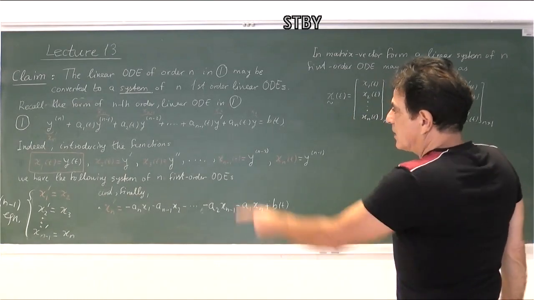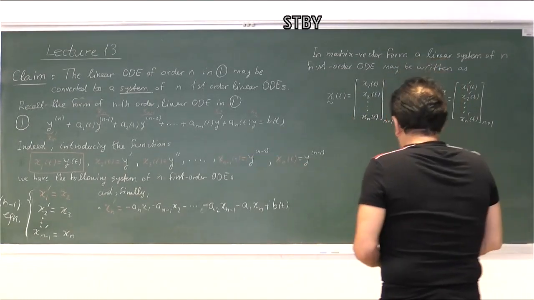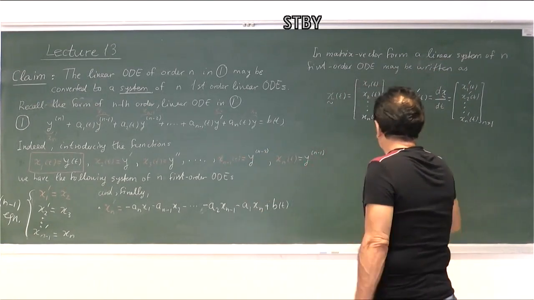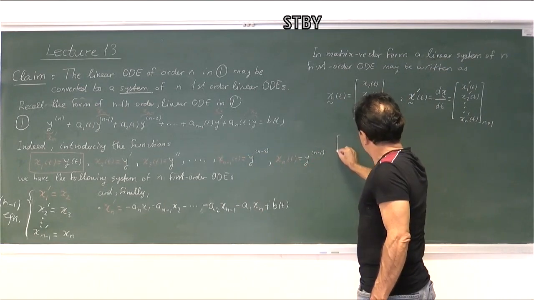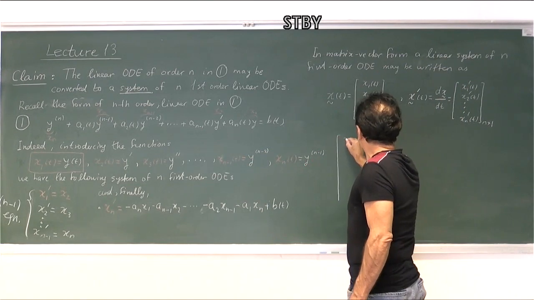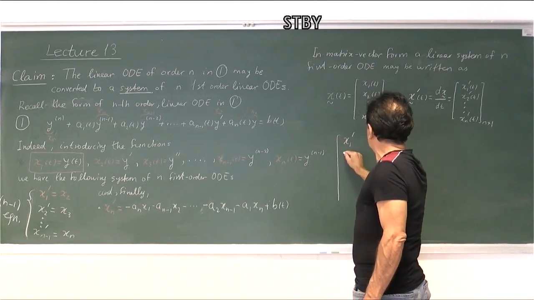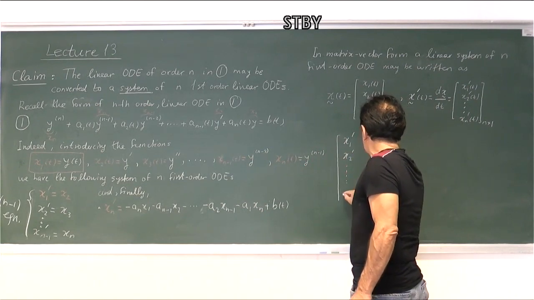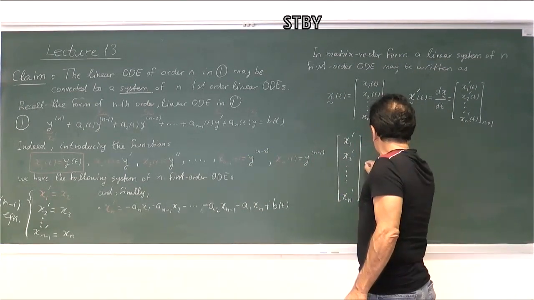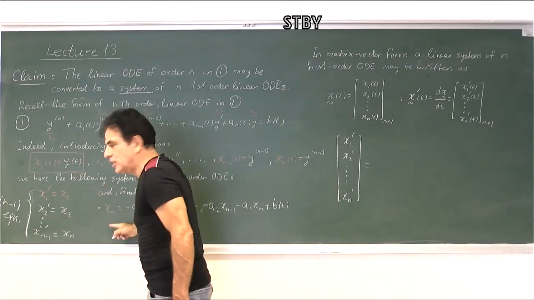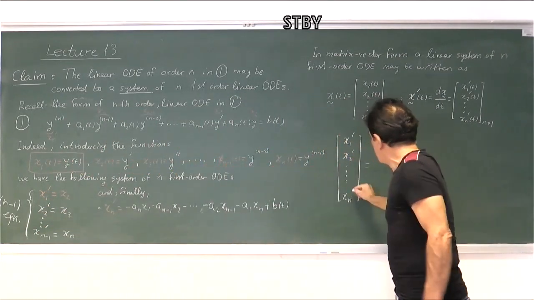And now it is easy to see that our system takes the following form in matrix vector form: x1 prime, x2 prime, up to xn prime. Look, this is the left-hand side of an equation written in vector form.